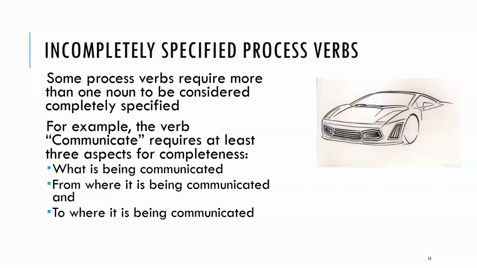Then there are certain verbs which require two nouns. Usually a single verb requires a single noun, but there are special verbs such as communicate, which means what is being communicated, from where it is being communicated, and to where it is being communicated. So whenever we encounter special verbs, we need to make sure that we are identifying two nouns, not just one noun.